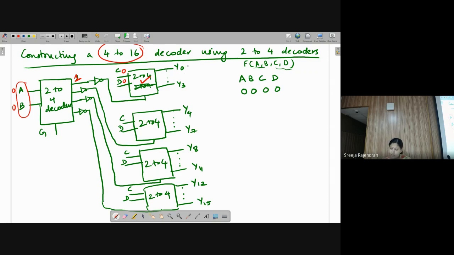So which is the output which will go high? Y0. So if A, B, C, D is 0, 0, 0, 0, I have outputs from Y15, Y14, Y13, 12, 11, up to 2, 1, 0. I'm only writing that much.